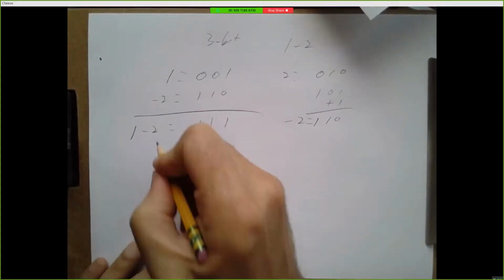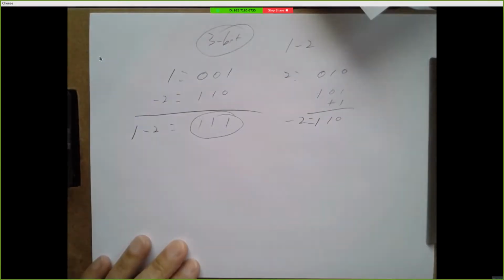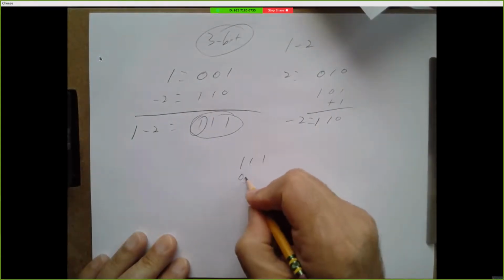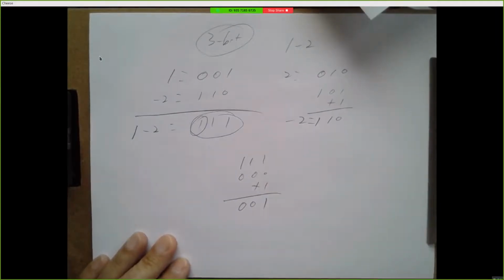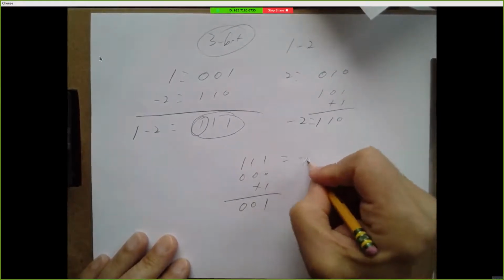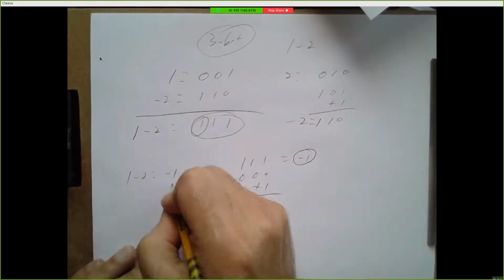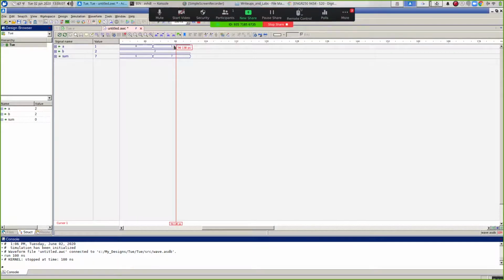Well, why is 1 minus 2 equal to 7? Because if we look at this number as a 3-bit 2's complement number, this tells us this is a negative number. What is it the negative of? Complement all the bits, add 1. And we get the number 1, so this is equal to negative 1. So 1 minus 2 equals negative 1. That's what that trace right there is telling us.